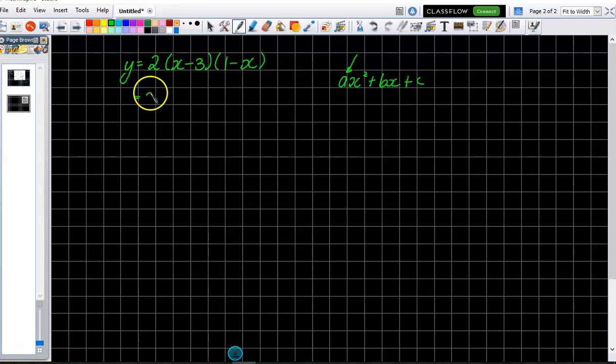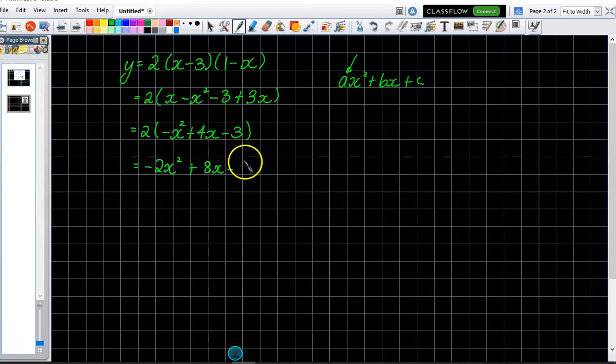So if we have a look at this and we expand, x times 1 is x. What's x times minus x? It's negative x squared, take 3, and then plus 3x. So if I was to now gather my like terms, when I now expand that, yes, I got stuck on 2 times 4, right?